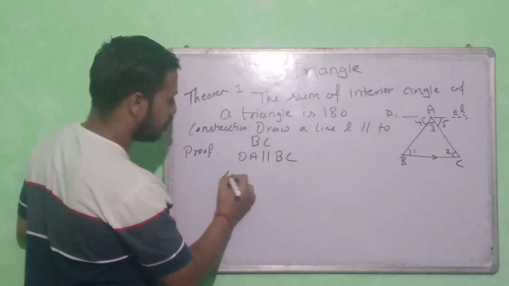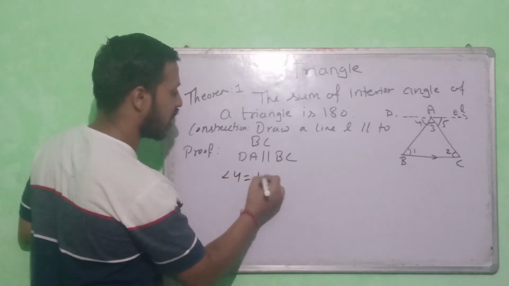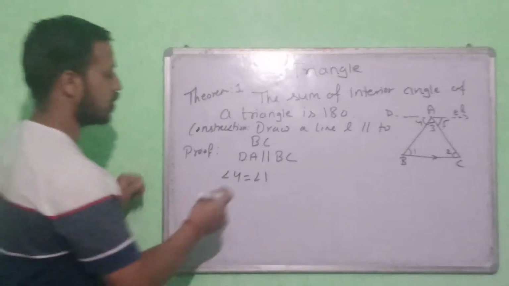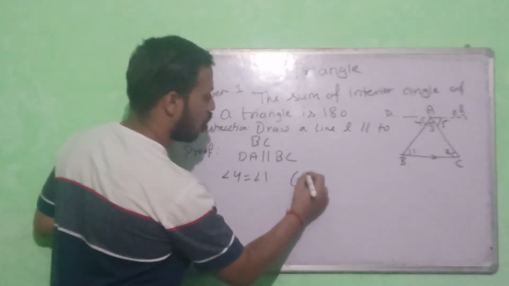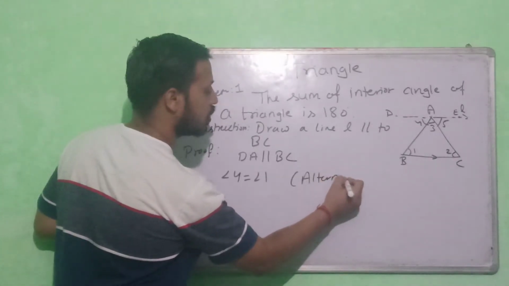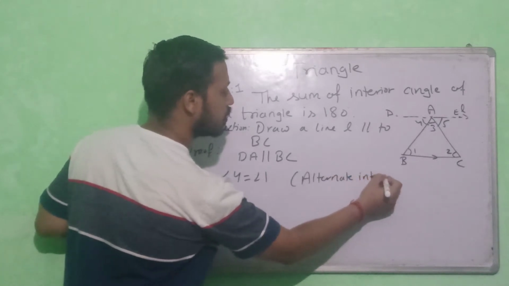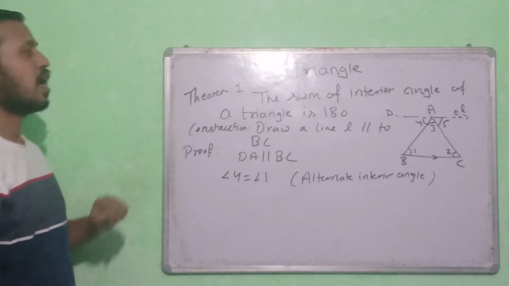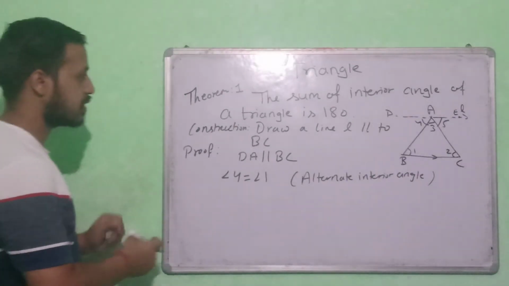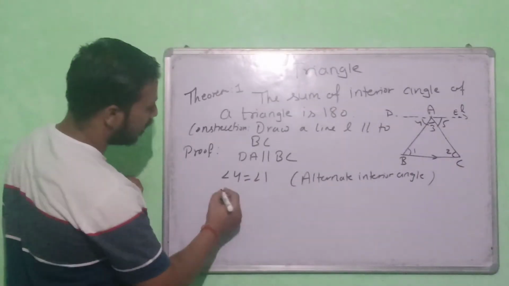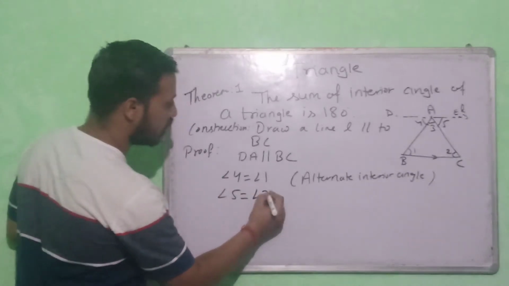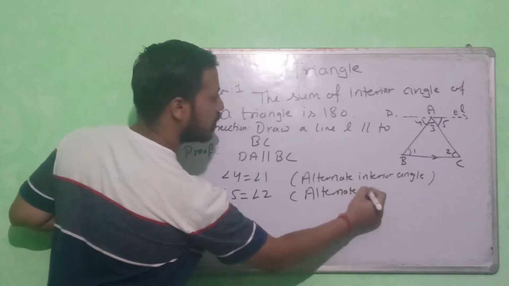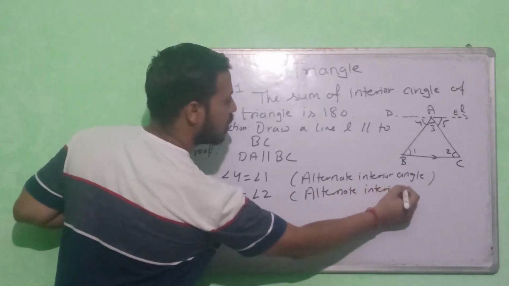So angle 4 is equal to angle 1, alternate interior angles. In a similar way, angle 5 equals angle 2, again alternate interior angles.